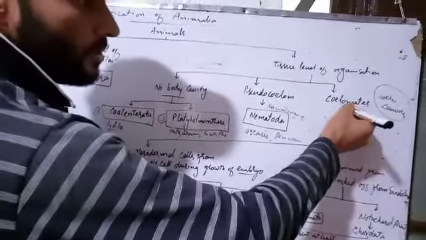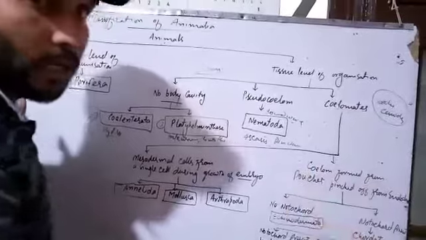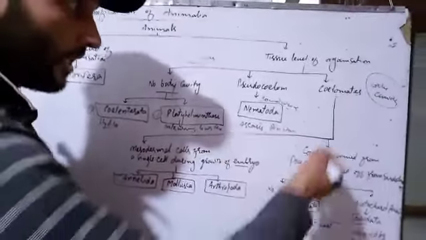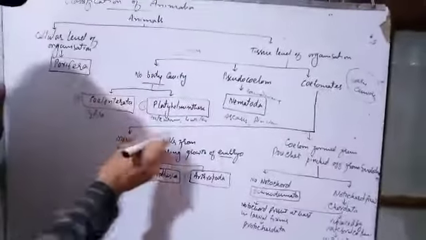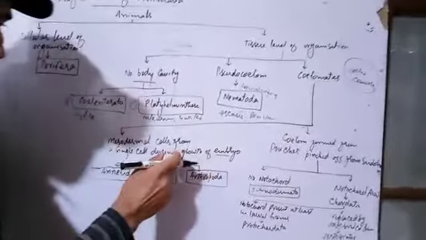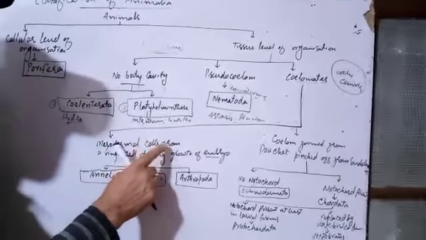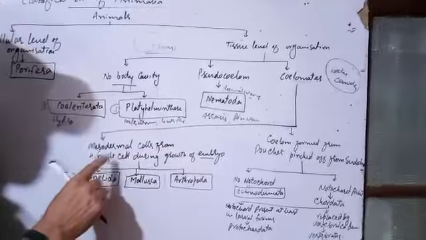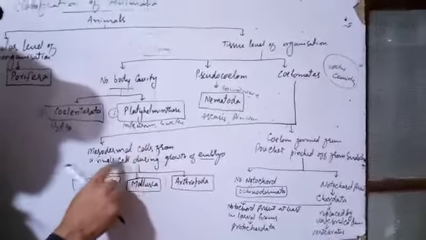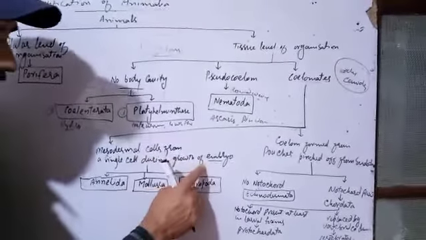These organisms which have a coelom can again be divided into two categories on the basis of this criterion I wrote here: mesodermal cells form from a single cell during growth of the embryo.